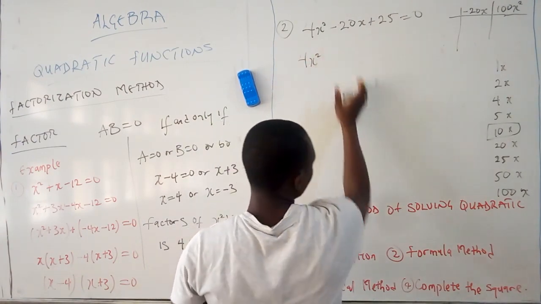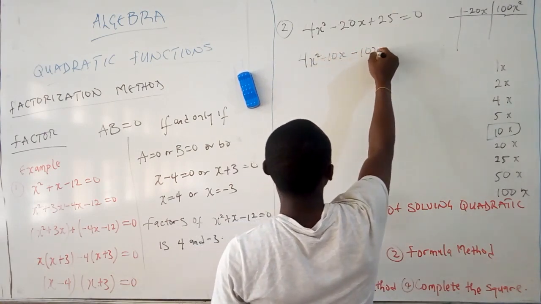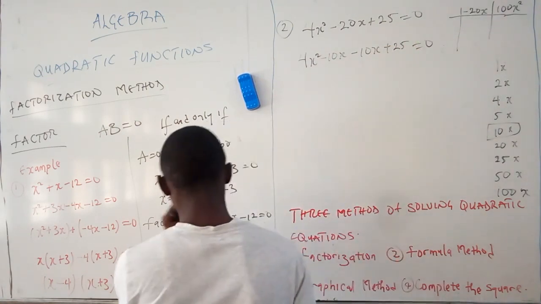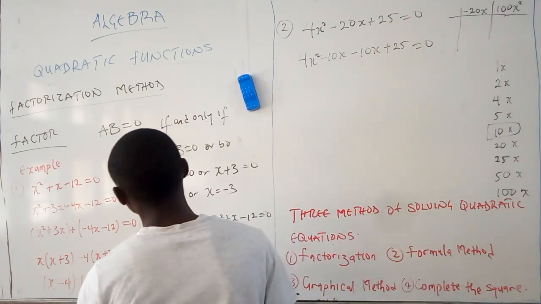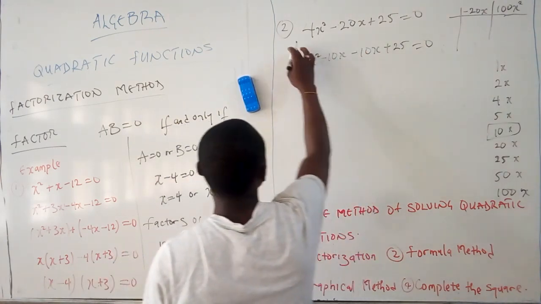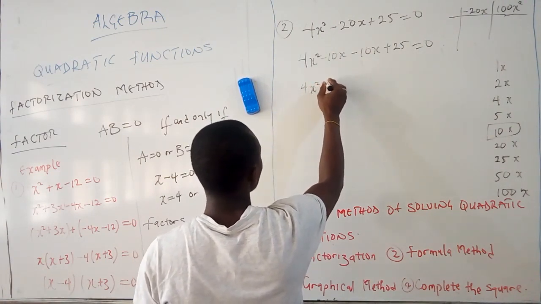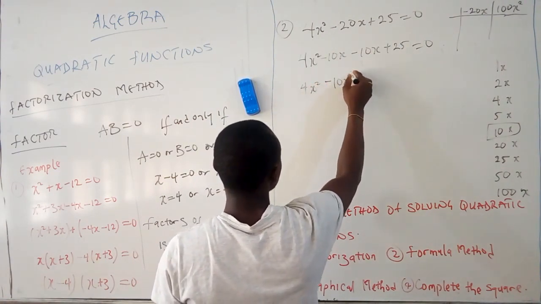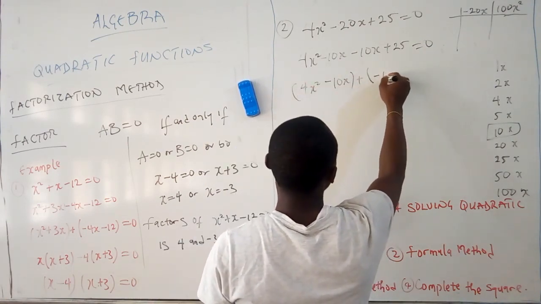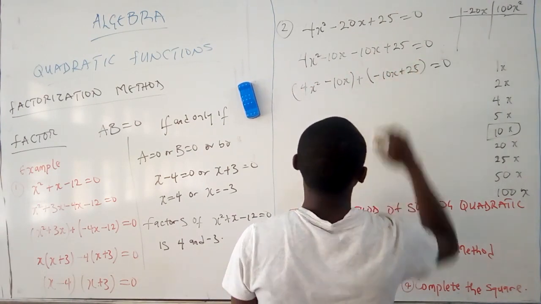Instead of writing minus 20x, we'll use minus 10x minus 10x plus 25 is equal to 0. Just like we did in our previous example, you put your brackets around: 4x squared minus 10x, then plus minus 10x plus 25 is equal to 0.